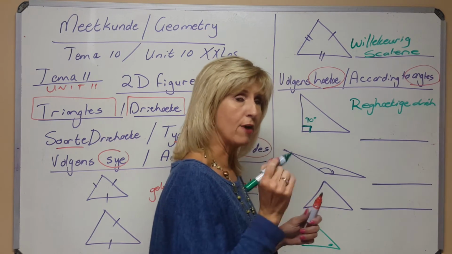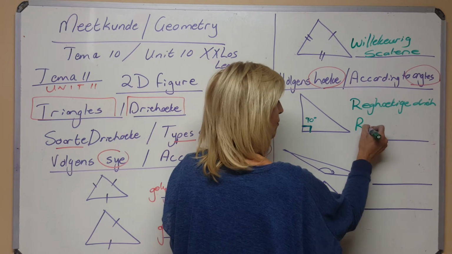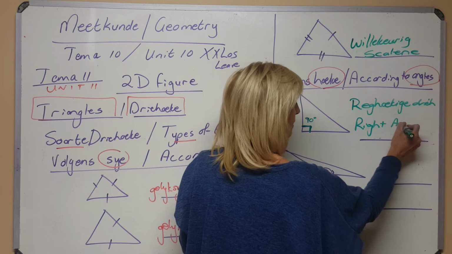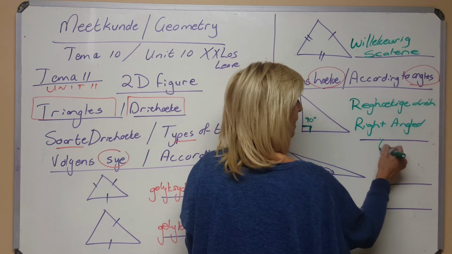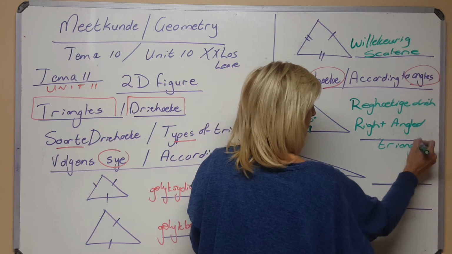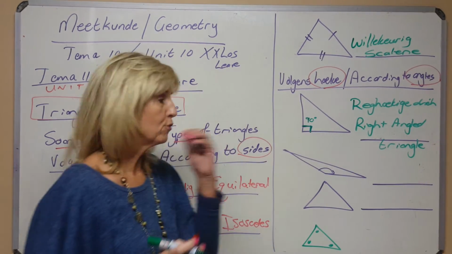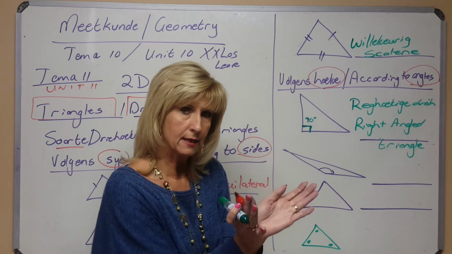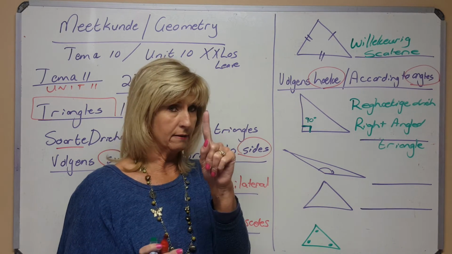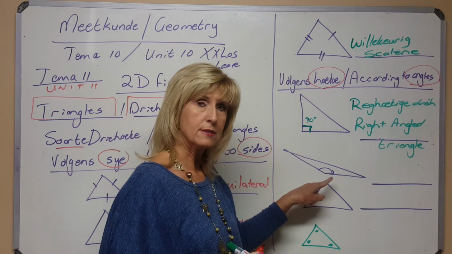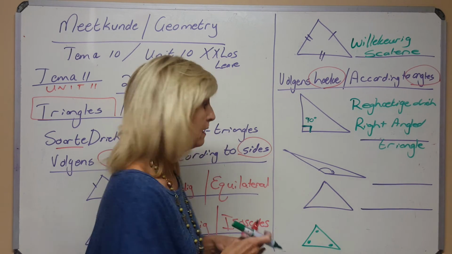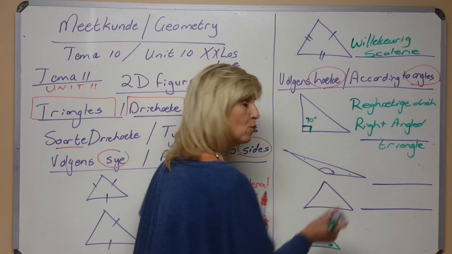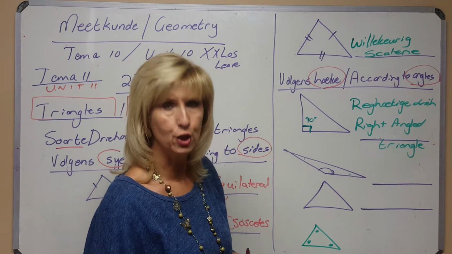So if it is a right angle, it's a right angled triangle. Reg. Die volgende ding wat hy kan wees is een van sy hoeke kan meer as 90 wees, maar net een. One of the angles can be more than 90, then those obviously will be smaller than 90, which makes it acute.